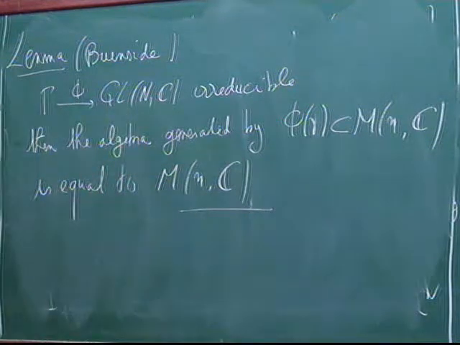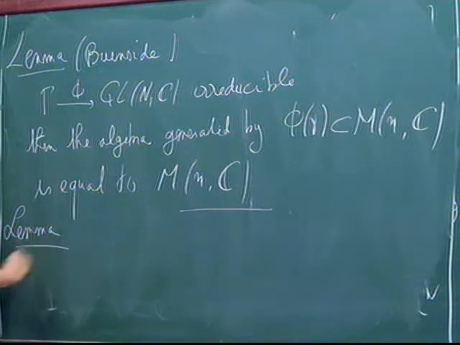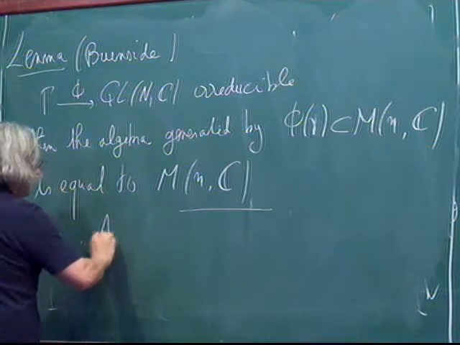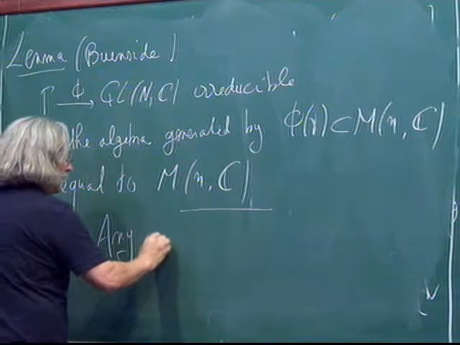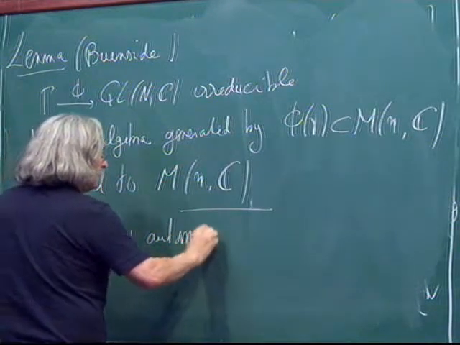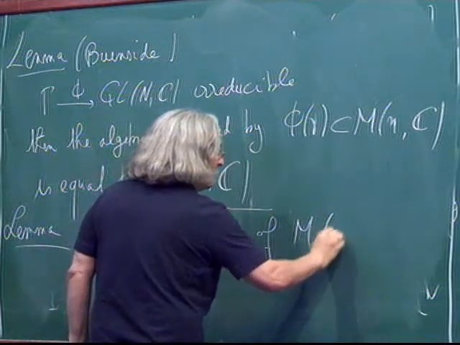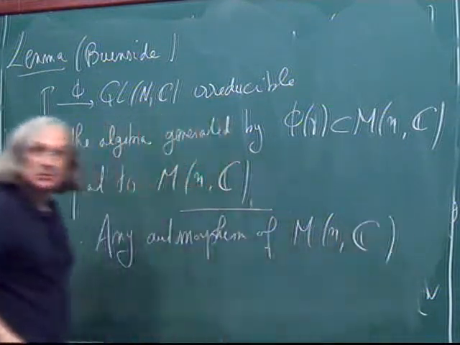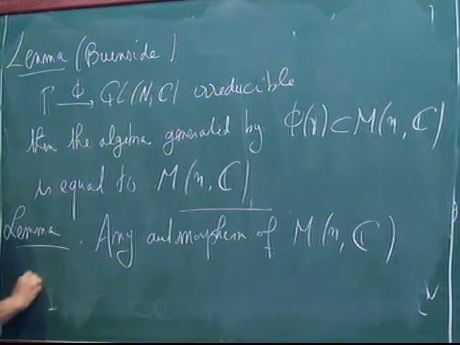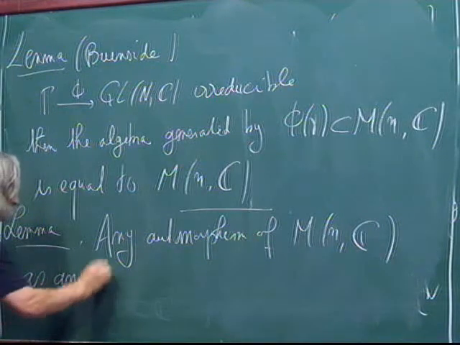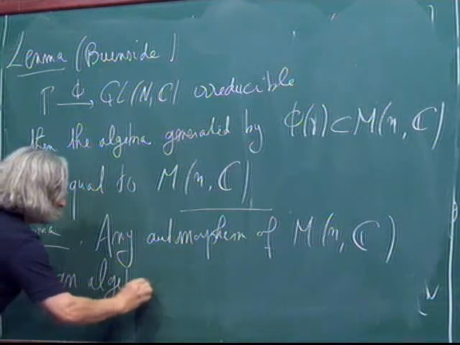The second lemma, which is also elementary, I don't know who proved it, but let me put it as an exercise, says that any automorphism of M_n(C) as an algebra is inner.